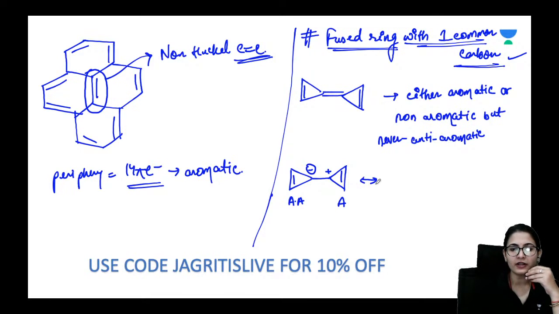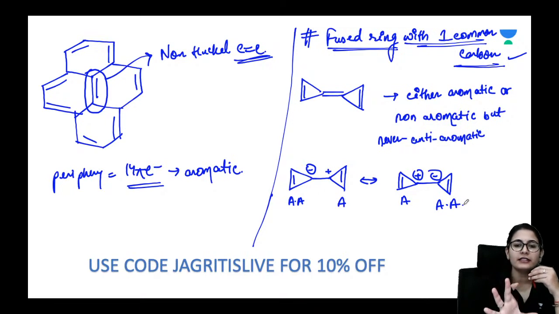Similarly, if I consider one more resonating structure in this way, then what happens? Yes, then what happens? See, this part has become aromatic and this part has become anti-aromatic.